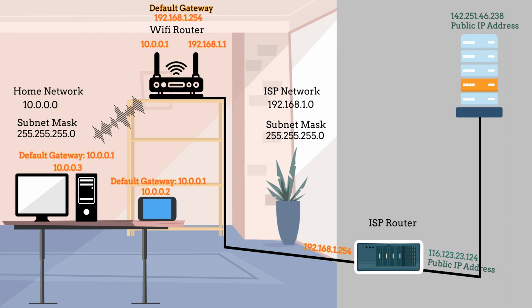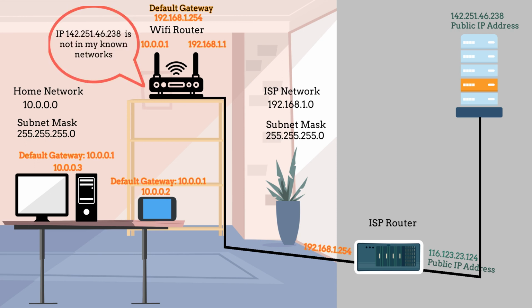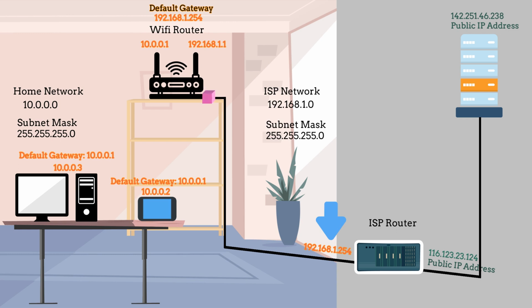The Wi-Fi router then inspects if the specified IP address falls within any of its connected networks. Upon determining that the IP address is not within its known networks, the Wi-Fi router forwards the data to its own default gateway, which is the IP address of the ISP's router, 192.168.1.254. This ISP router, having access to the broader Internet, can connect to the required IP address.